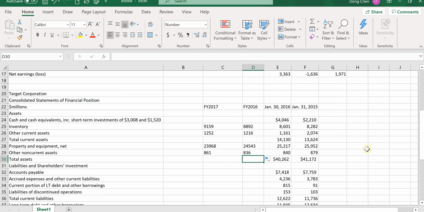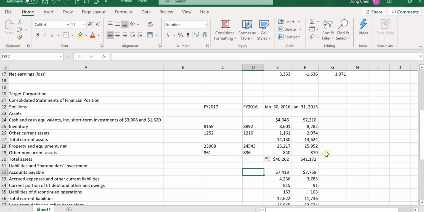And total assets. So total assets obviously will be the sum of all these items. But the problem is that we don't know the cash yet. So we also don't know the total assets. So let's just leave that alone for now.